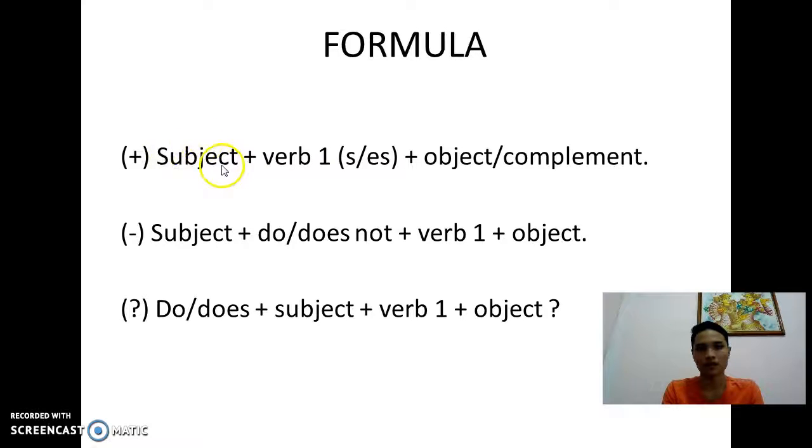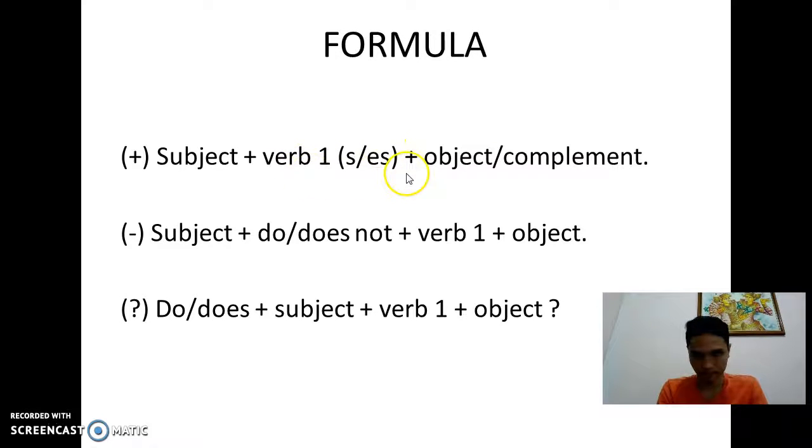The subjects are like I, you, Dewi, and she, it. And then for the verb we have to use verb 1. If the subject is she, it, we have to use s or es. But if the subjects are Dewi, Ayu, we don't have to use s or es at the end of the verb.